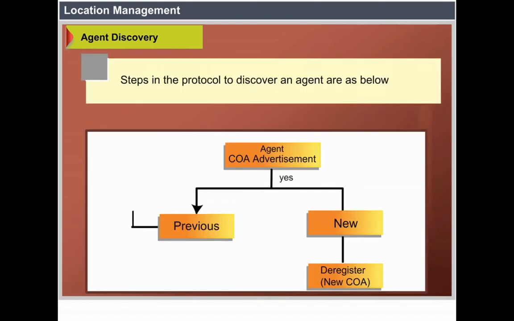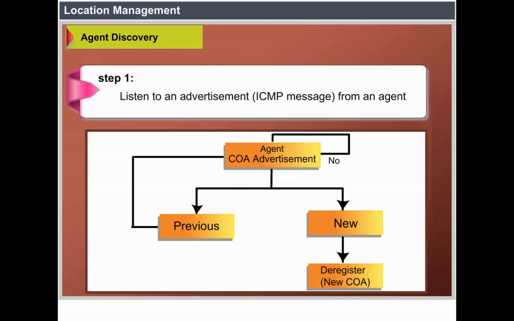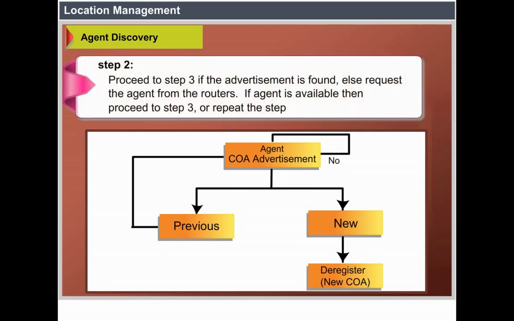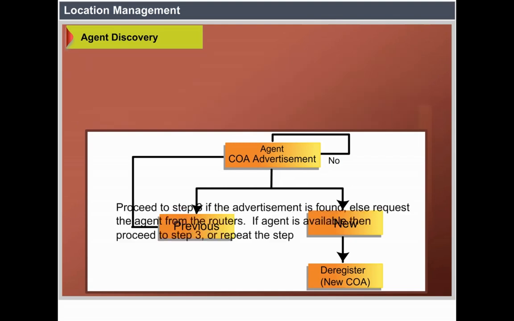Steps in the protocol for discovering an agent are as follows. Step 1: Listen to an advertisement ICMP message from an agent. Proceed to step 3 if the advertisement is found. Else, solicit the agent from the routers. If agent found, then proceed to step 3. Else, repeat the step.